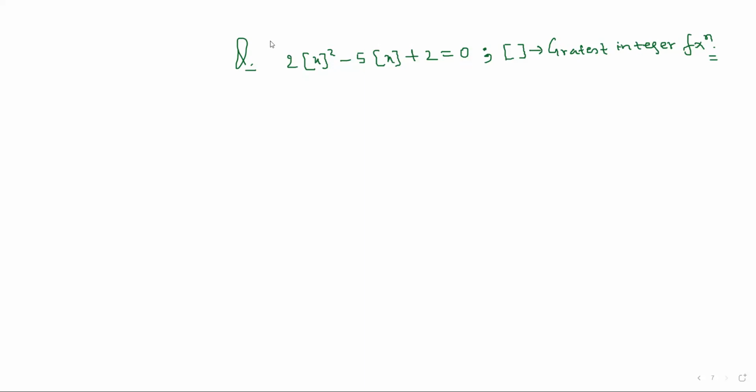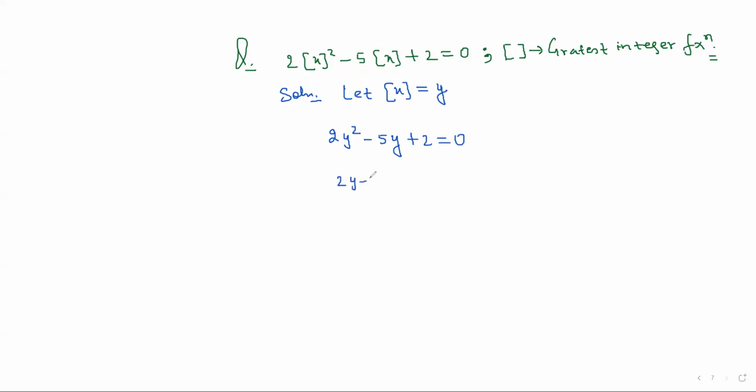सिंपल स्ट्रेटेजी बेटा, let greatest integer function of x is equal to y. Simply, 2y square minus 5y plus 2 is equal to 0.